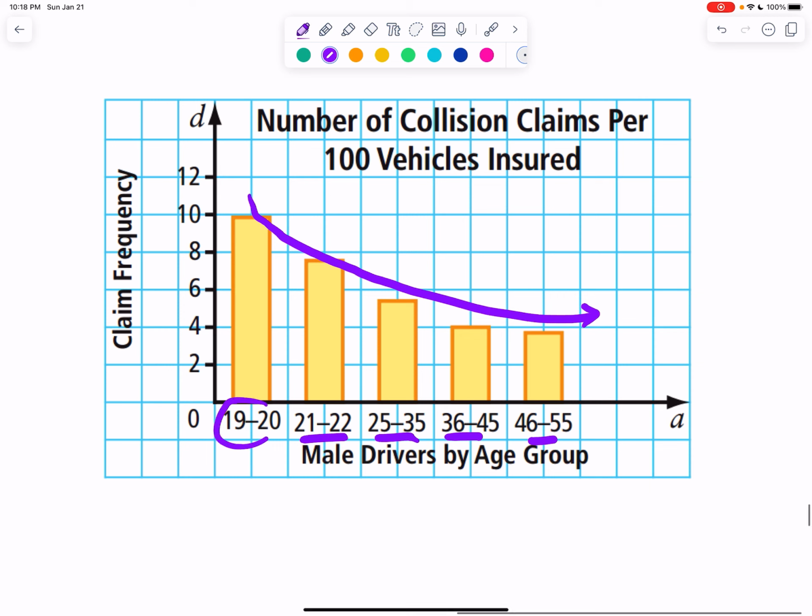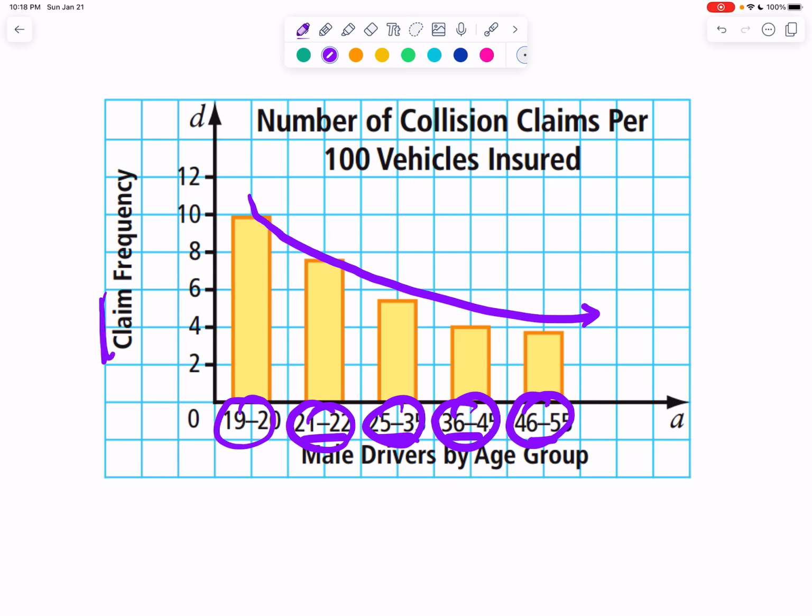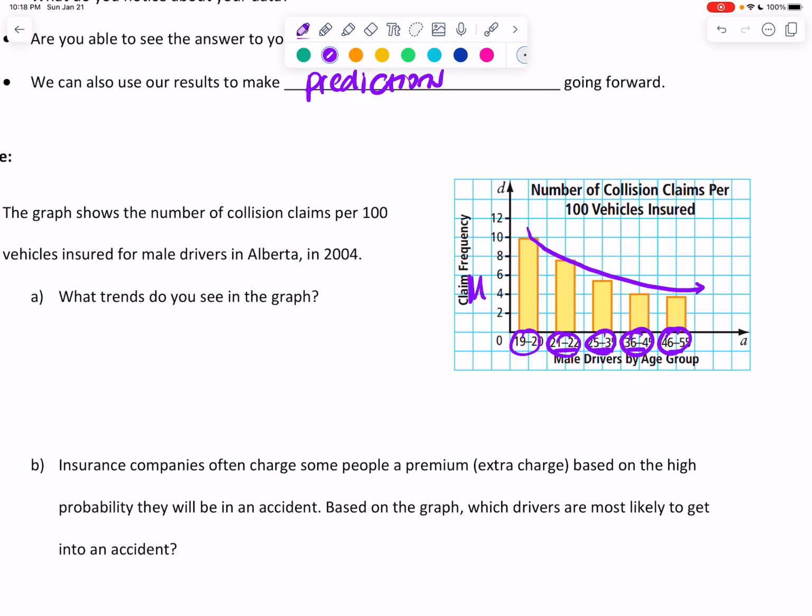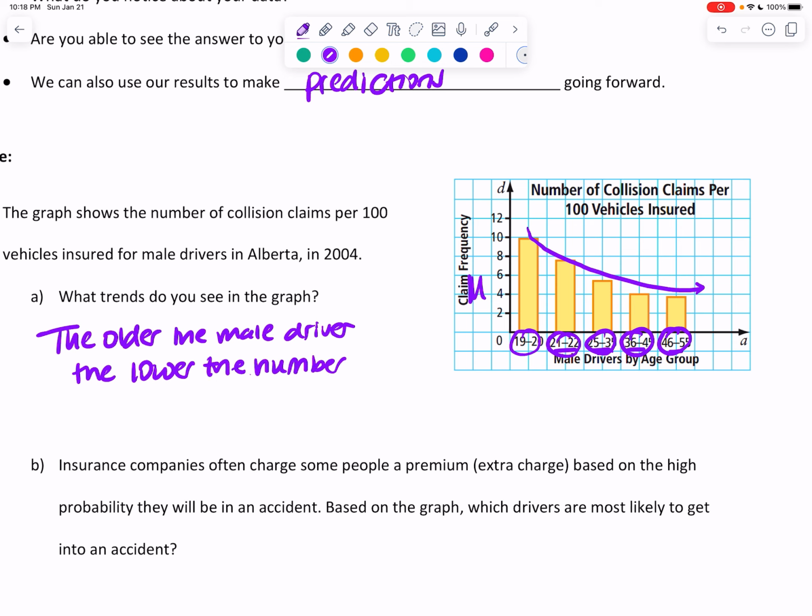So here I see as our male drivers get older, the number of claims goes down. So that's how we're going to identify this trend. The older the male driver, the lower the number of claims. Right, really drawing the connection between those two variables in our data collection. Okay, so that was a trend that we acknowledged.